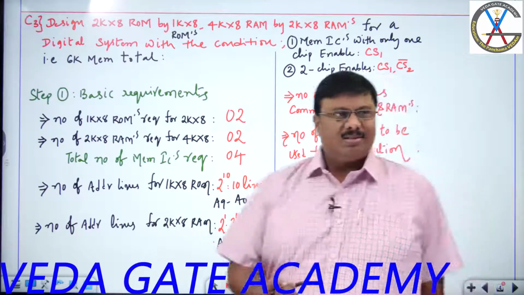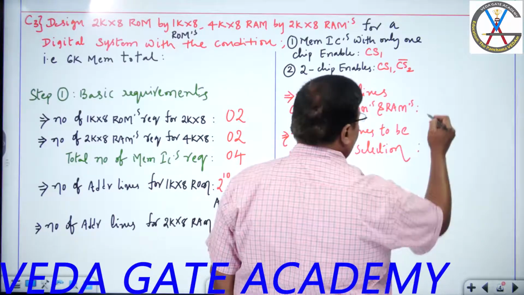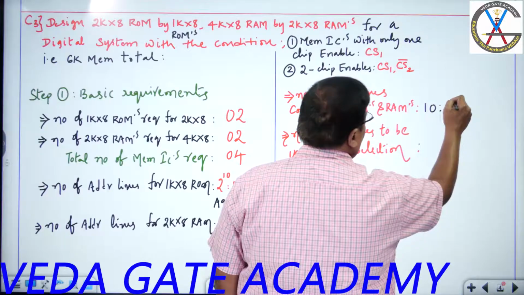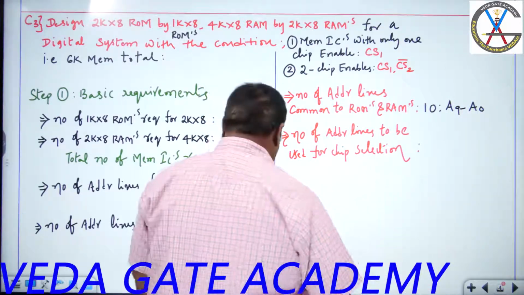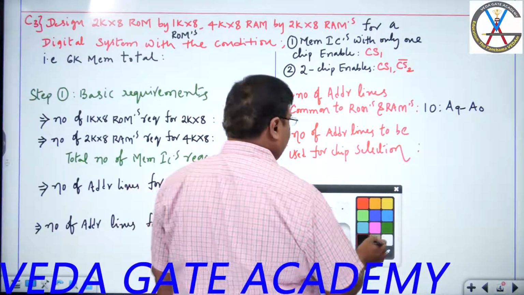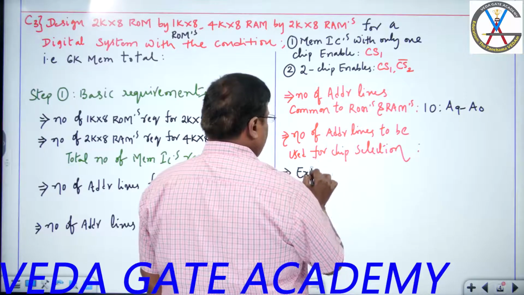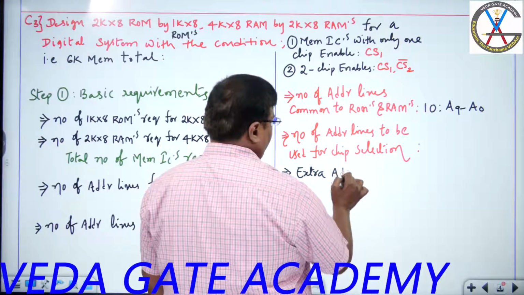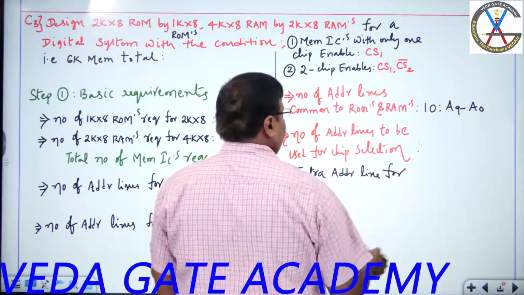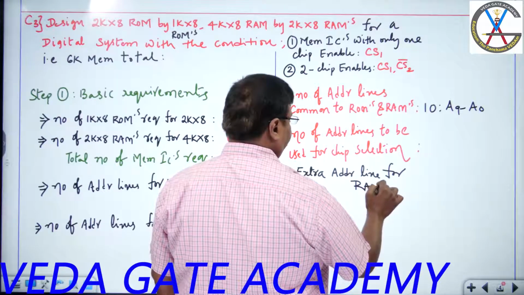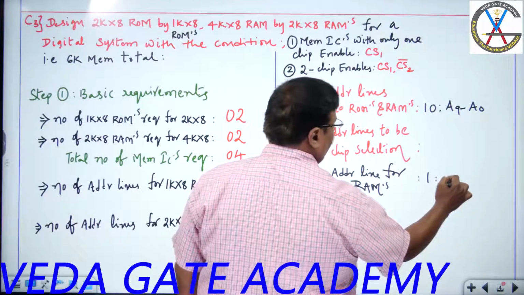So, number of address lines common for ROMs and RAMs is 10, A0 to A9. And one more line extra is required for RAMs. Extra address line for RAMs, so one line, that is the A10 line.